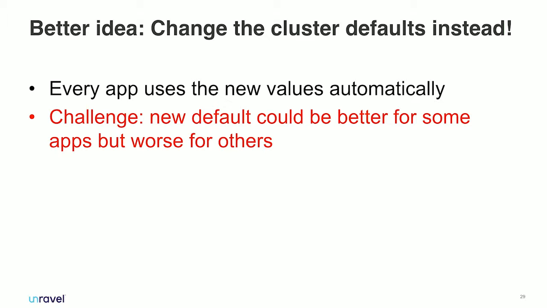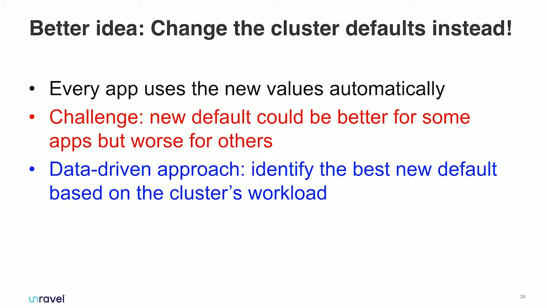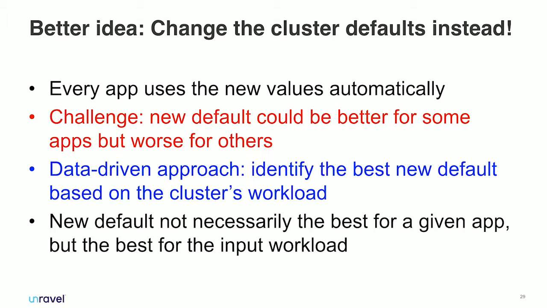How do you balance that? Well, remember this is a cluster default that we're talking about. So what we want to do is to look at the workload and then pick the best new default for the overall workload, so that it may not be the best for a single app, but it's the best overall.